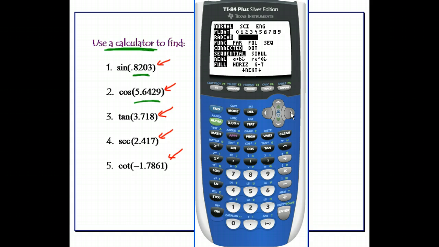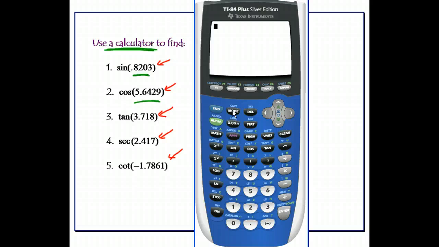So come down here. Had you been in degrees over here, you'd want to switch it and make sure you were in radians. So hit enter here. You want to be in radian mode on these. And these get straightforward, but at the end you realize, oh, some of these are kind of tricky. Sine of 0.8203. Done.